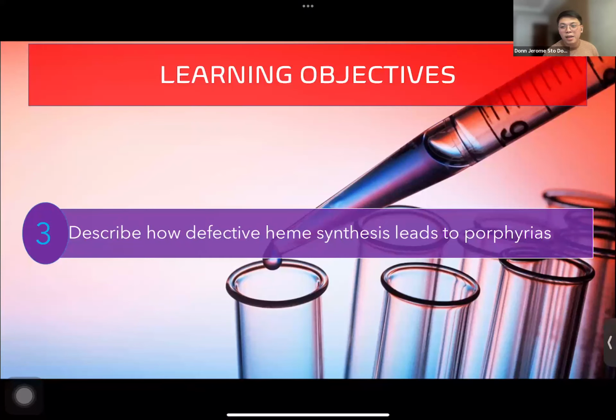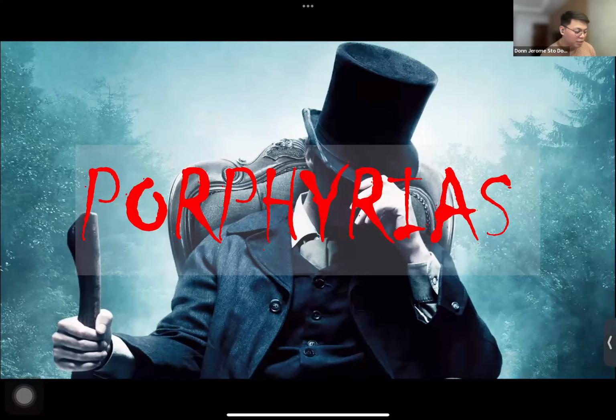You'll actually apply it in real-life patients. So dapat, alam nyo din po ang mga diseases related sa pinag-aaralan nating pathway. Tama po? Yes po. In the case of heme synthesis, no, the diseases related to it is your porphyria or porphyrias. Okay? So let's now discuss porphyrias.